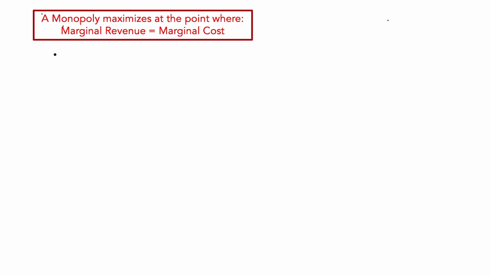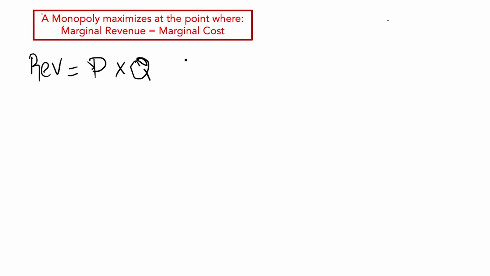So, and that is a luxury that monopolies can do, not a luxury of perfect competition, right? So monopolies can get to the point where their marginal revenue equals their marginal cost, and that's where they are going to maximize. So we need to get the marginal revenue. The marginal revenue is obtained from the revenue. The revenue is price times quantity.